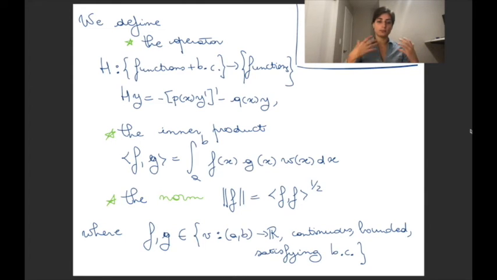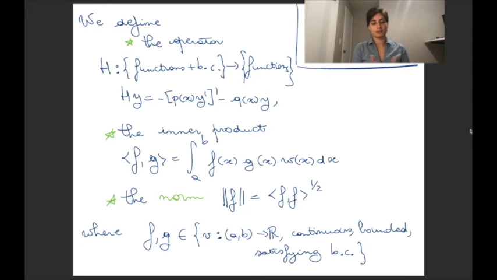And we define the inner product as being just the integral on the interval we're looking at, so between a and b, of f times g times w dx. w is sometimes called the weight for this reason. An inner product trivially defines a norm all the time.